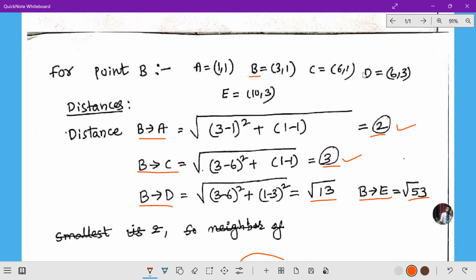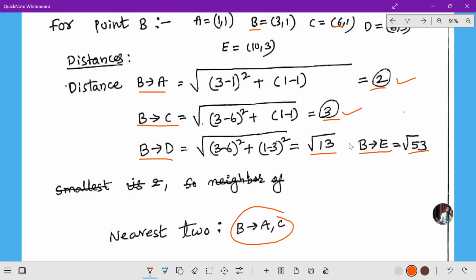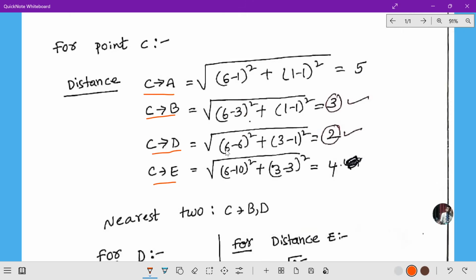You observe 6, 1, A is 1, 1. So 6 minus 1, 1 minus 1 for this CA. For this CB, 6 minus 3, 1 minus 1. For this CD, 6 minus 6, 1 minus 3. You observe CD, 6 minus 6, 3 minus 1. So this is about the point C.